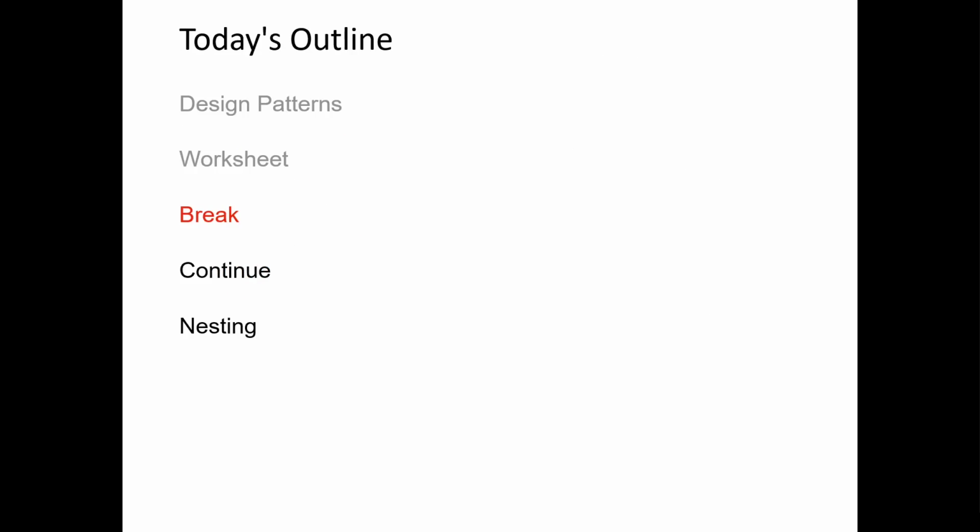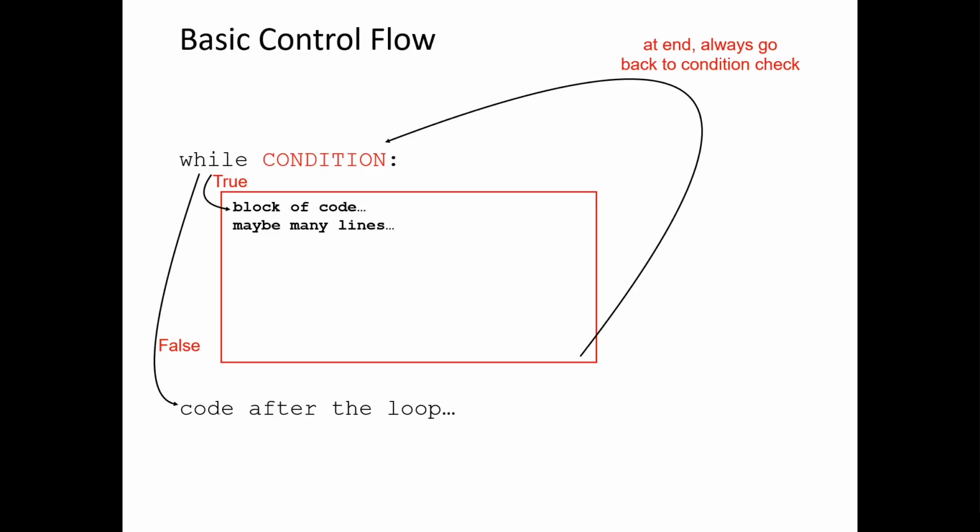We're going to talk about break real quick. So our basic control flow for iteration, the while loop, has a structure that looks like this. We begin with while and some sort of condition. If this condition evaluates to true, then we do whatever is in the block. That's everything from the colon all the way down through the end of the indentation. It could be many lines of code, and could have other loops nested in there.